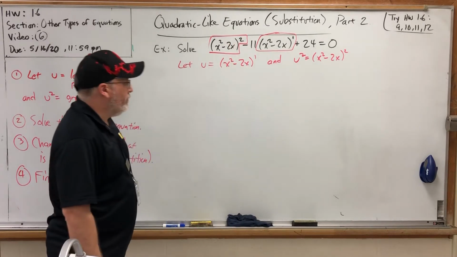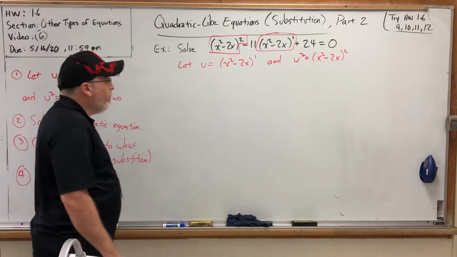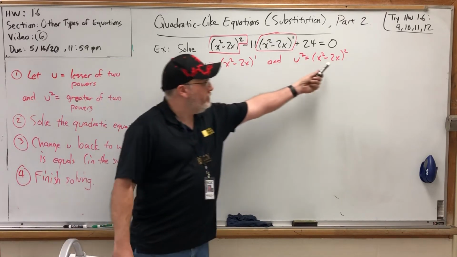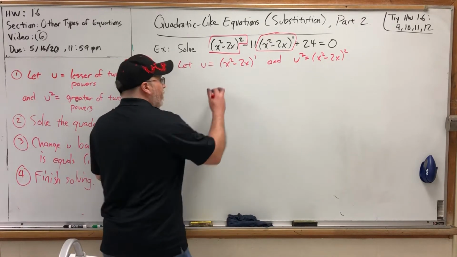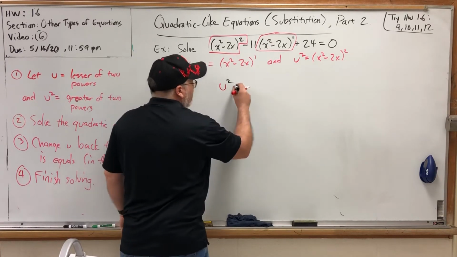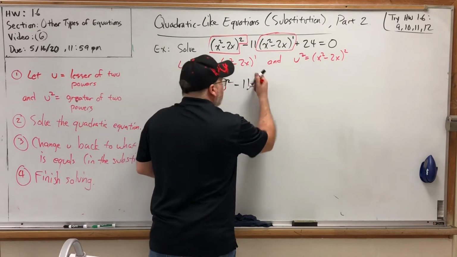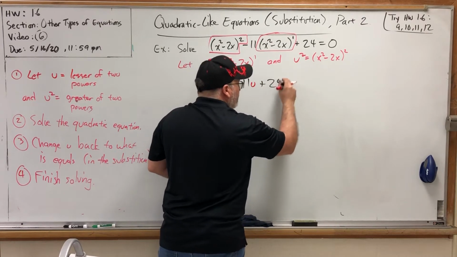So the parts that are circled in red are about to get a substitution, get a nickname if you will. This part becomes u squared minus 11. This part becomes u plus 24 is equal to 0.